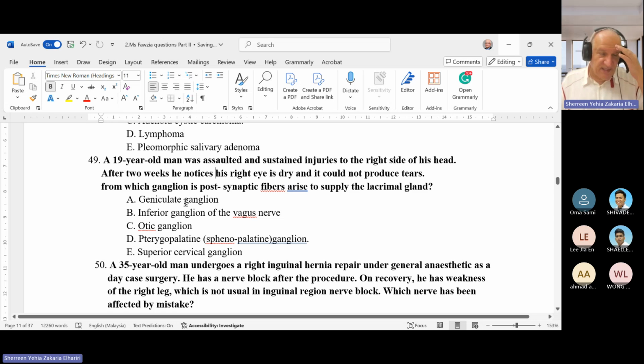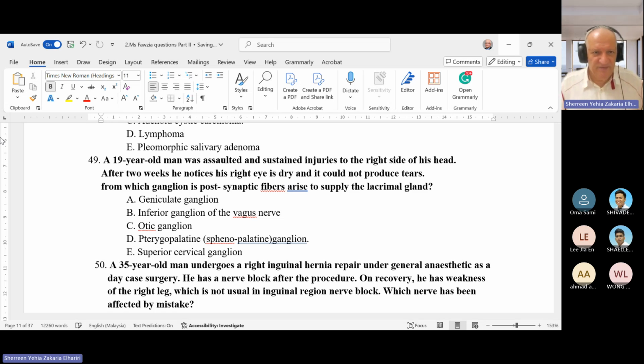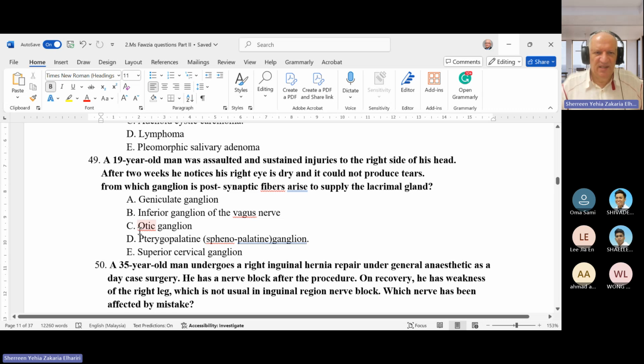So you know that in the head and neck we have common ganglia like the otic ganglion, the sphenopalatine or pterygopalatine ganglion, and the submandibular ganglion. So which one does the lacrimal gland relay in? The lacrimal gland relays in the sphenopalatine, or the other name is pterygopalatine ganglion. It's a very common question.